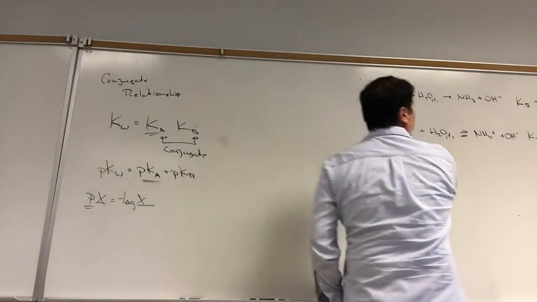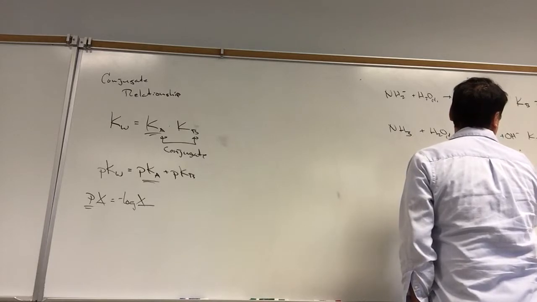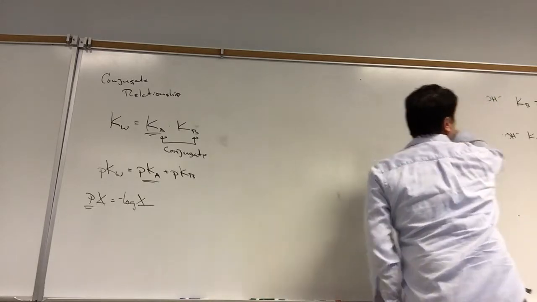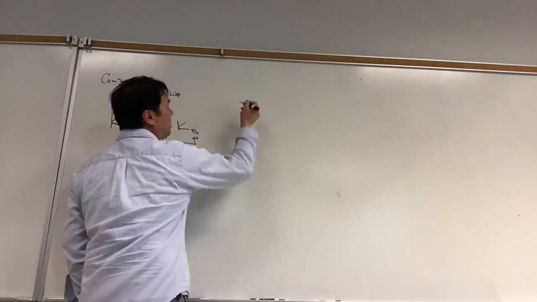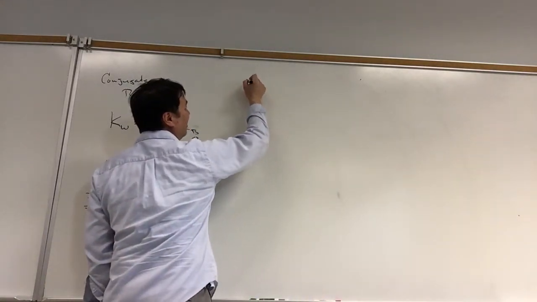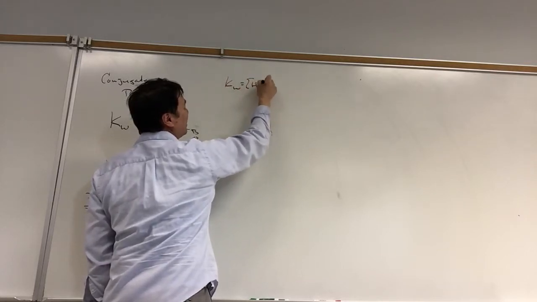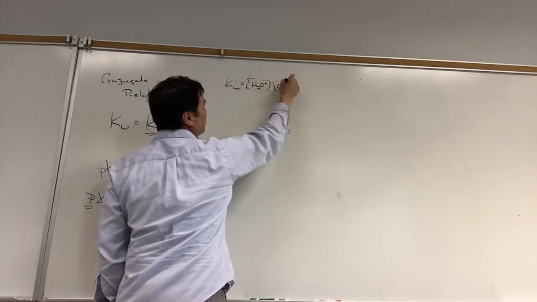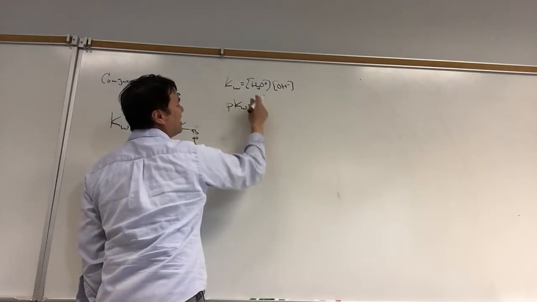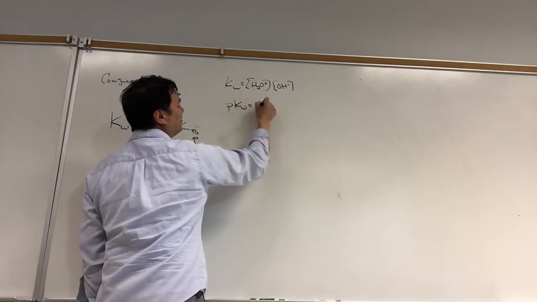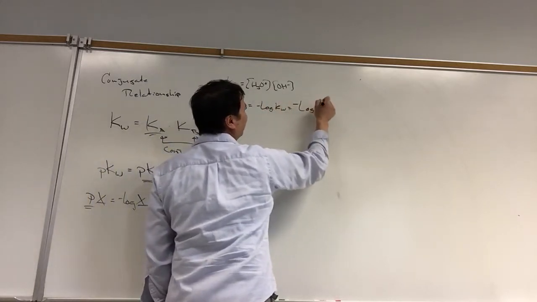All right, next we're going to do some pH calculations. There are different ways we could do them, so let's take a look at Kw in detail. Kw is equal to the hydronium ion concentration times the hydroxide ion concentration. If we look at pKw, it is equal to the negative log of Kw, which equals the negative log of this whole thing.